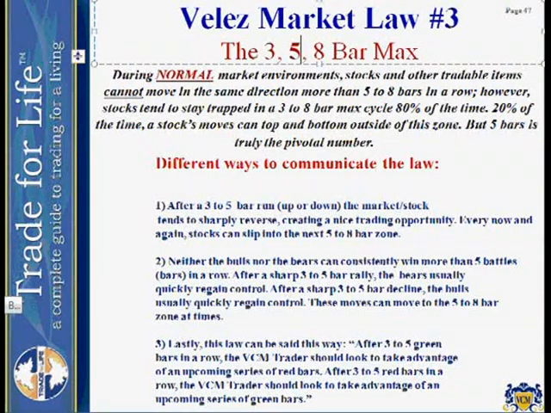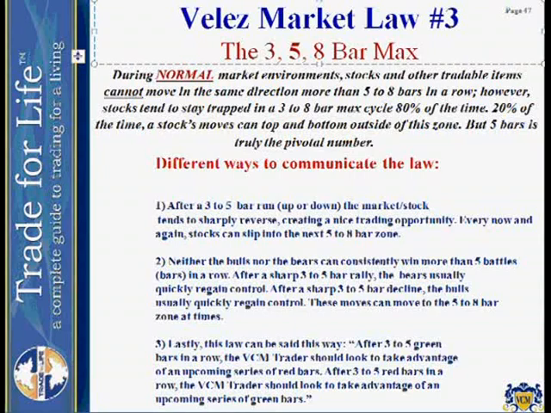So I want you to imagine this. Stocks will tend to be able to produce 3 of one color in a row with ease. The turn or the reversal of a single color run will tend to happen right between 3 and 5.